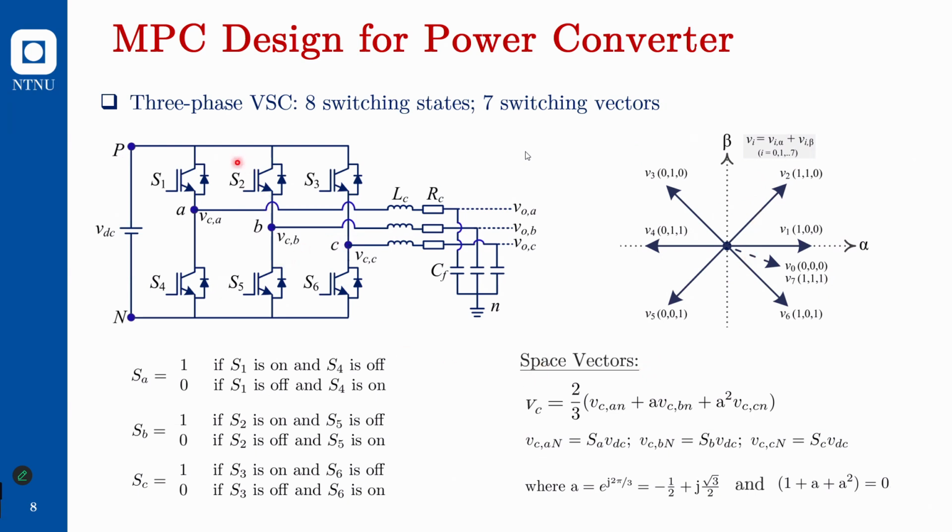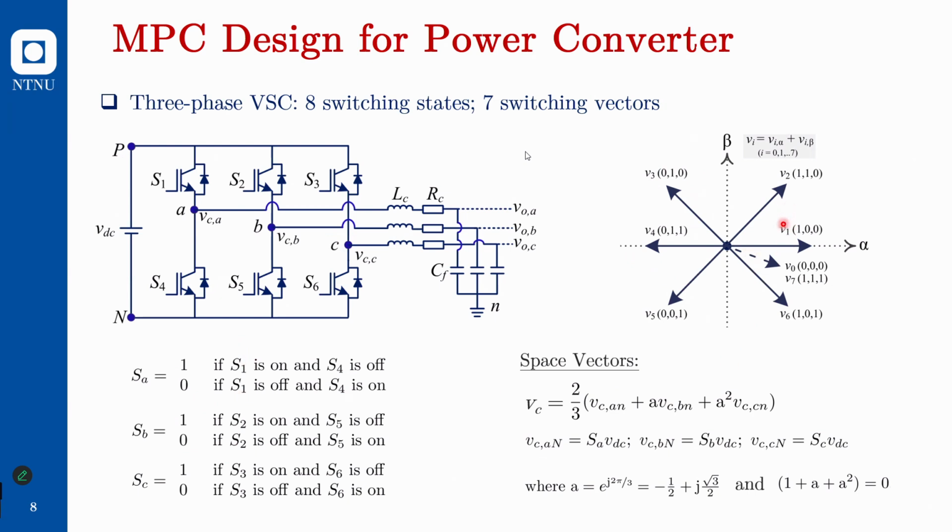And we will define the switching states. Let's suppose this leg belongs to the state SA, and similarly this leg SB, and similarly this leg SC. And in each leg, you can turn on only one switch at a time. The other has to remain off. So with that logic, you can define these conditions. And then how are the switching vectors related to these switching logics?